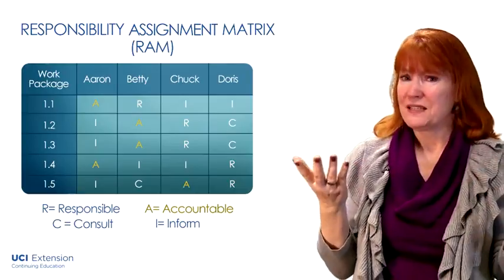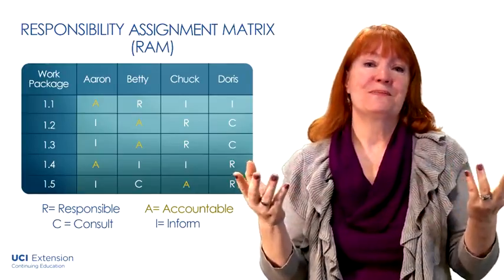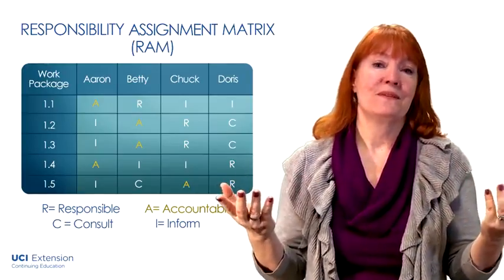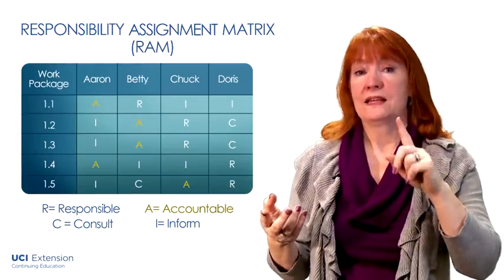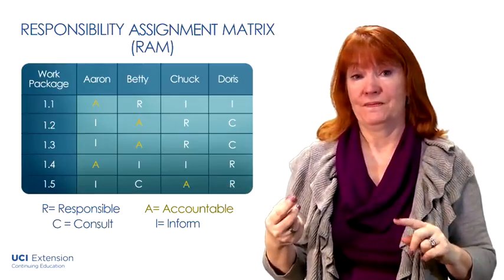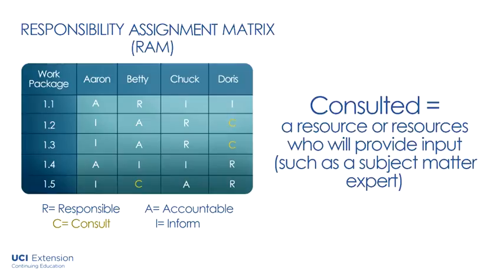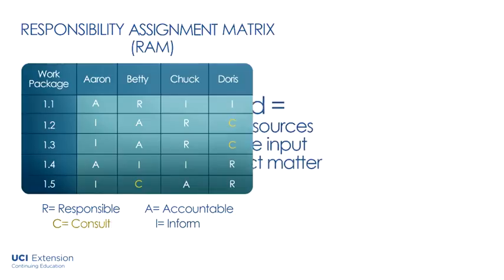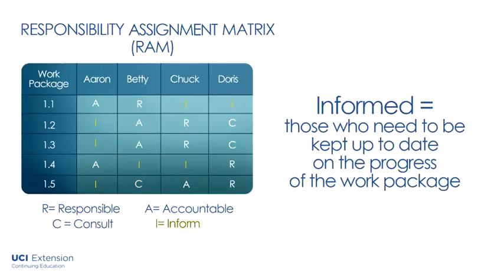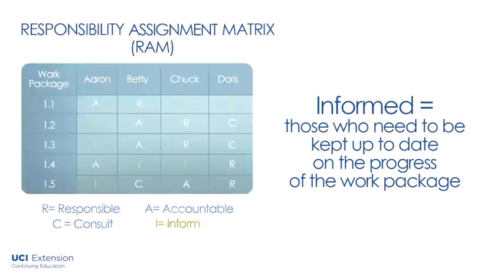This may not be the most positive way to say it, but this is a person who must answer if there is a problem. There should only be one resource accountable for each work package. The consulted designation represents a resource or resources who will provide input, perhaps a subject matter expert. Informed is for those who need to be kept up to date on the progress of the work package.